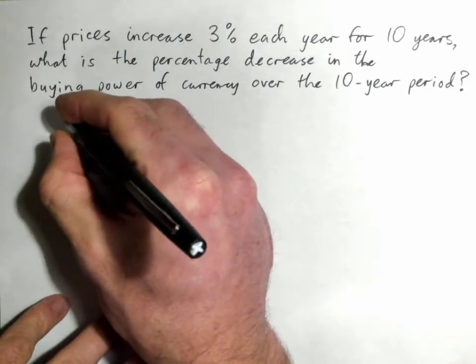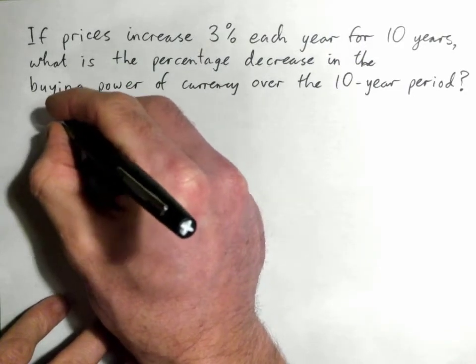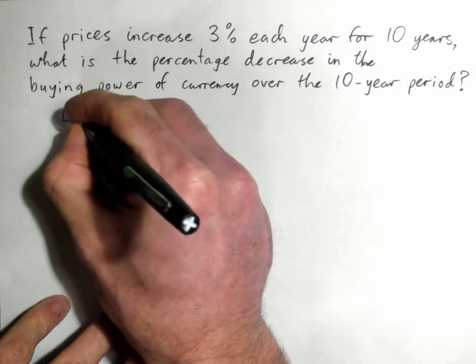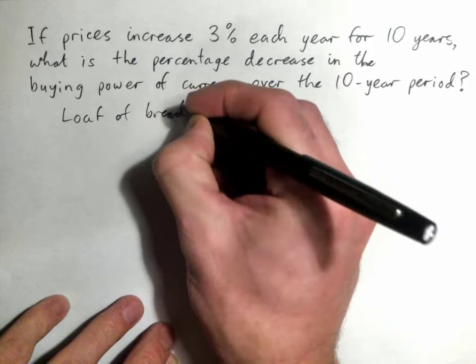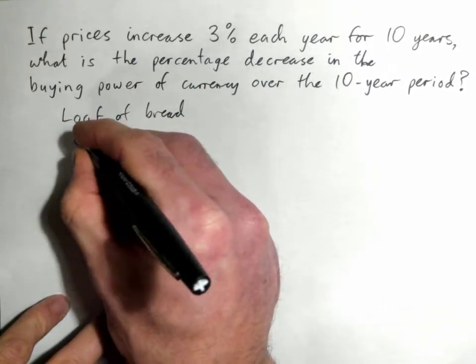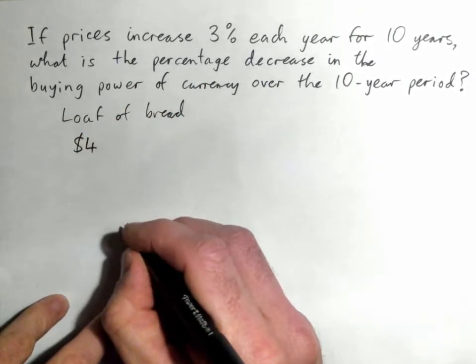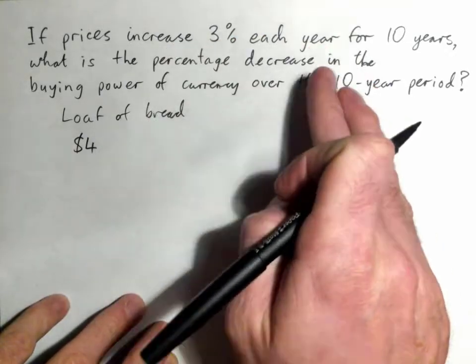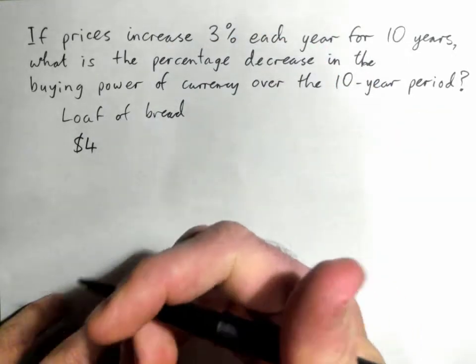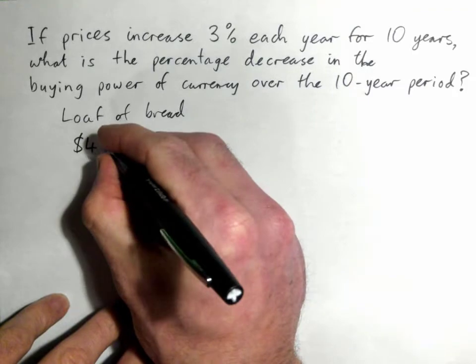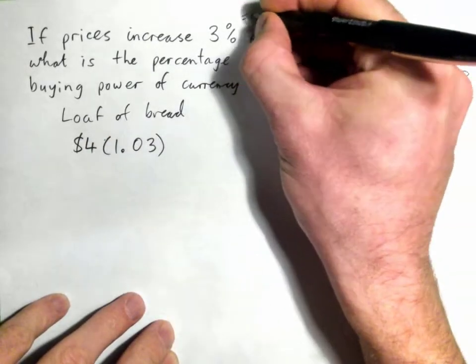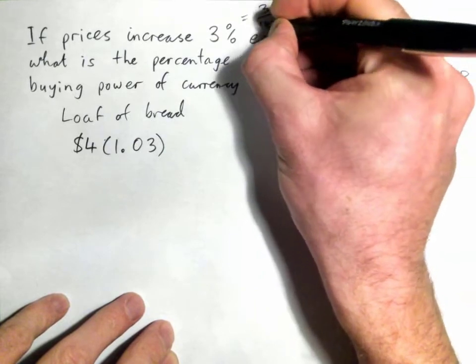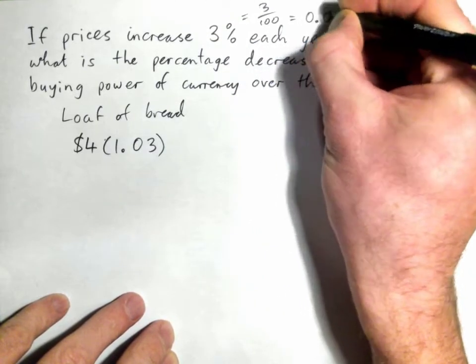So I'm going to imagine that now we have a loaf of bread, okay, and it costs $4, right? But we know that if prices increase by 3%, I could take that 4, I can multiply it by 1.03. 3%, as you know, is 3 per 100, 0.03.